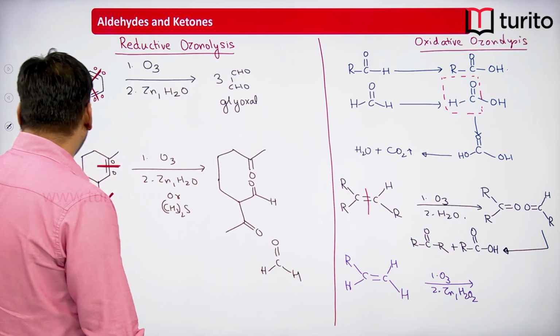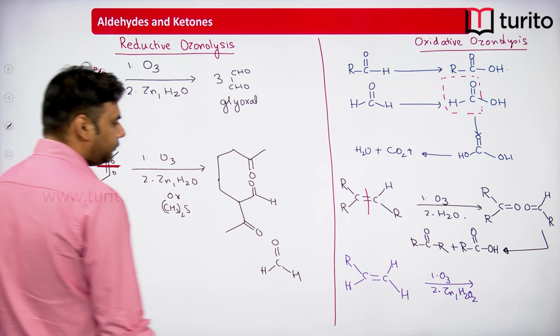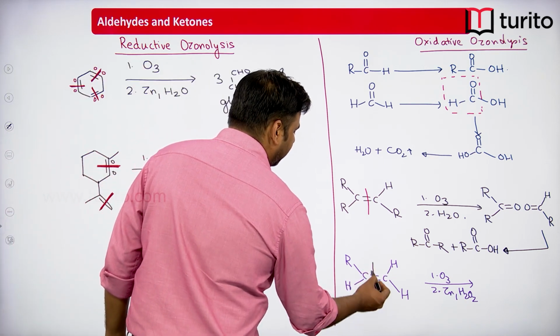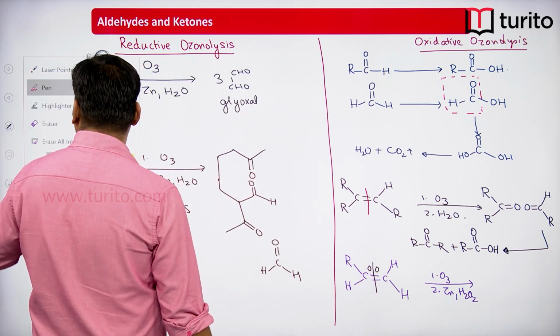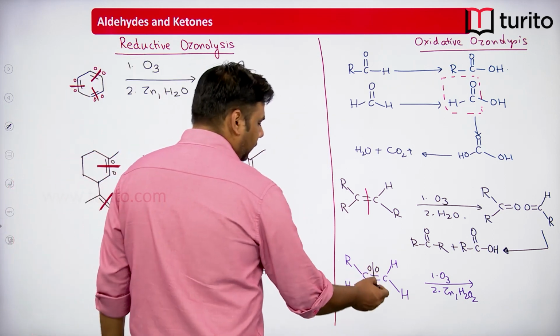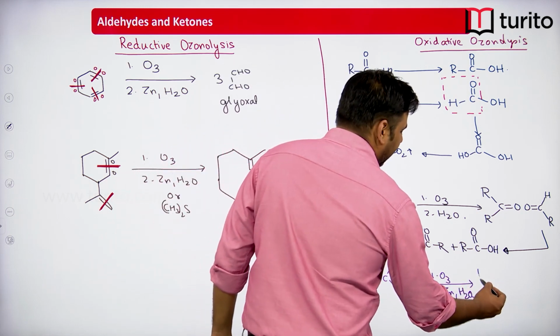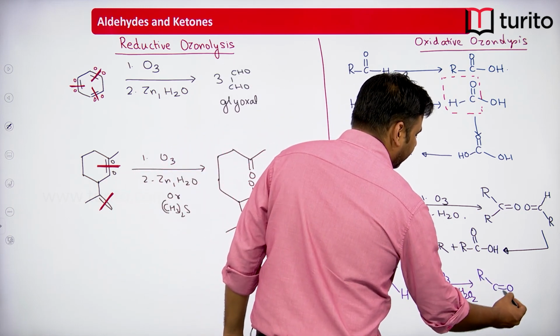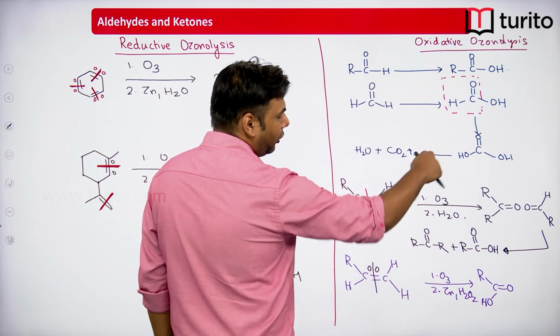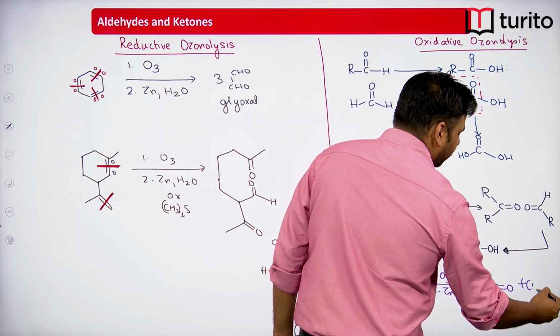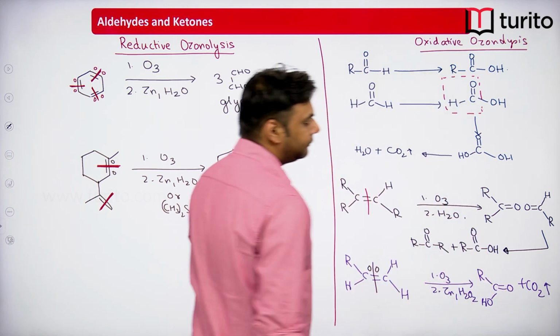So when you are adding zinc, then you have to take H2O2 along with it. So we have to break this bond, put oxygen over here, put oxygen over here. Now you can see that this will convert into an aldehyde. So this aldehyde will oxidize into acid and this will generate a formaldehyde. Formaldehyde generally oxidizes into CO2. So we are going to get this as the product.